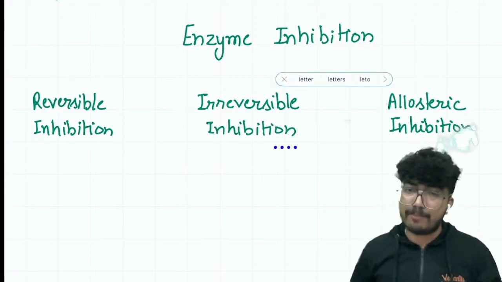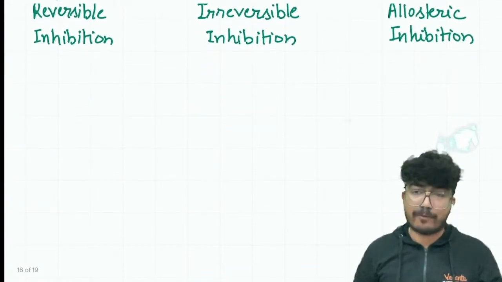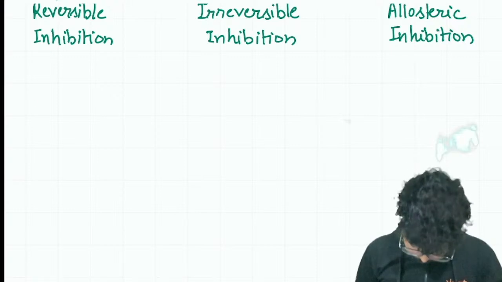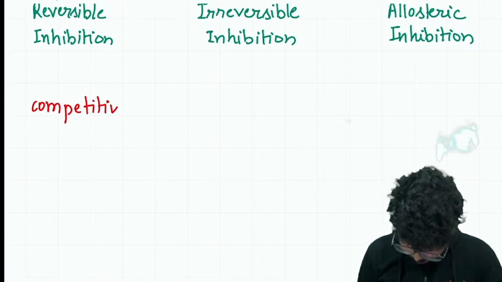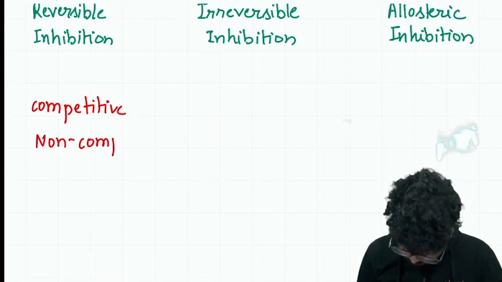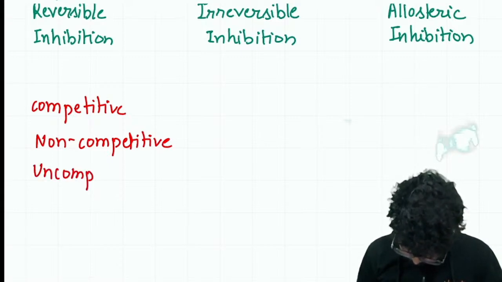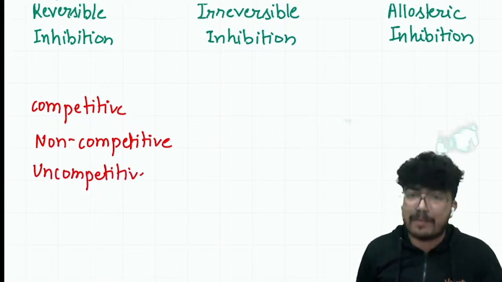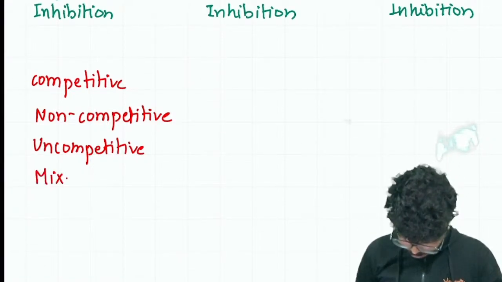Now they further have more categories under them, right? For reversible inhibition, you can have competitive, non-competitive, uncompetitive inhibition, and even if you refer to some very good books, mixed inhibition is also given.